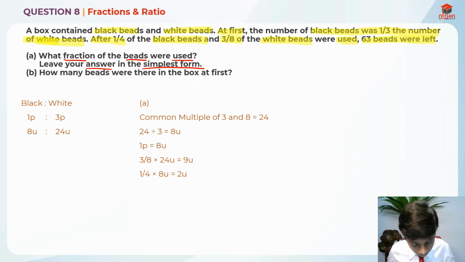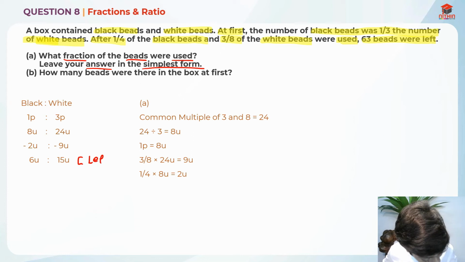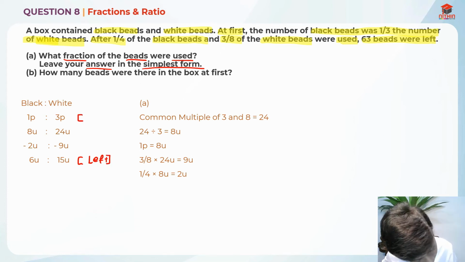So over here, it will be minus 2 units because it's used, and minus 9 units because it is used as well. After that, we can find what is left, which is 6 units is to 15 units. So let me just write here: this is left, and this is at first.